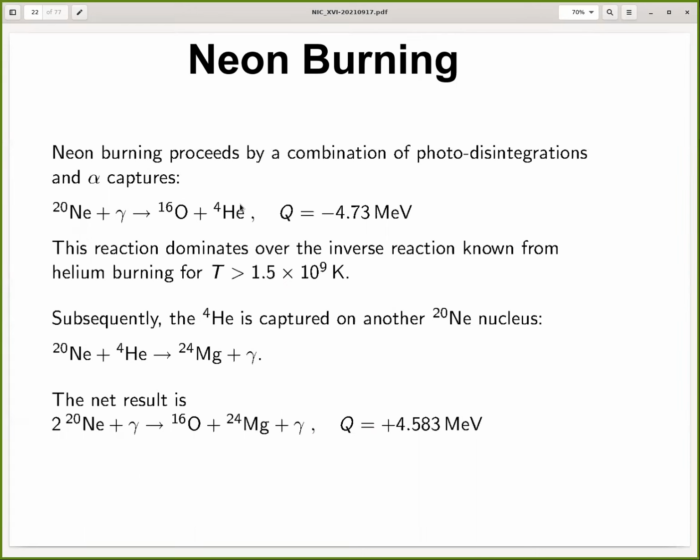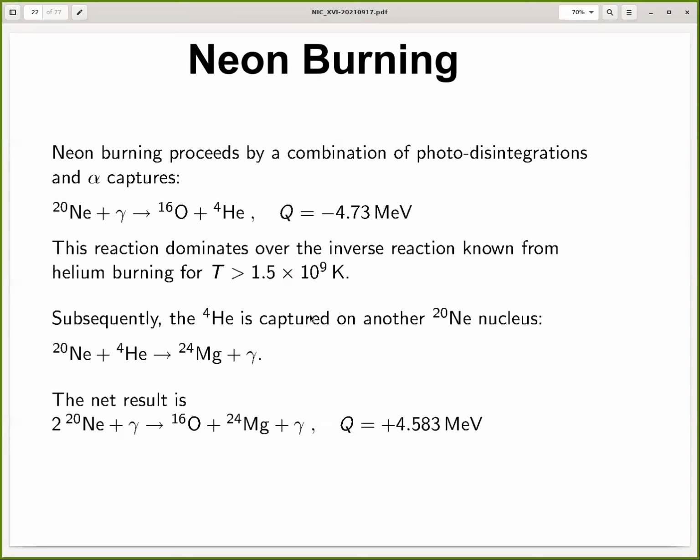But then this alpha particle can actually capture on another neon 20 nucleus, namely neon 20 plus alpha makes magnesium 24. And so then you have effectively burned two of the neons with the photon coming in into an oxygen 16 and a magnesium 24. And this releases a lot of energy, more than 9 MeV.